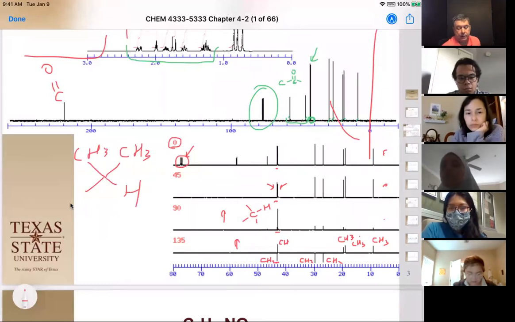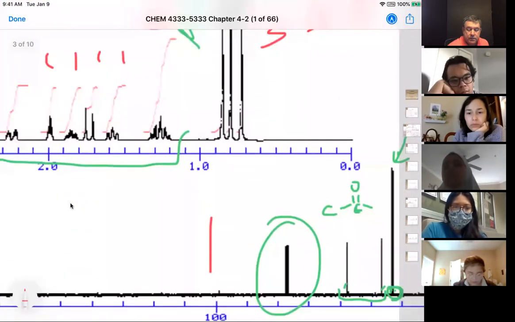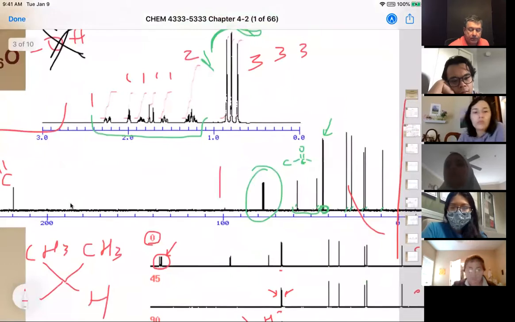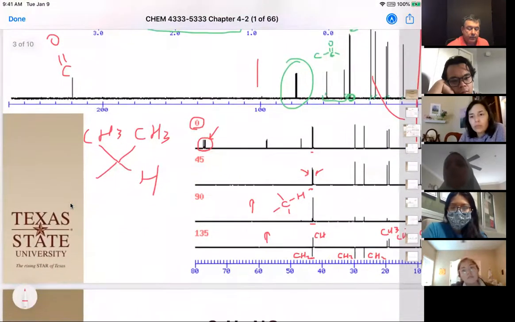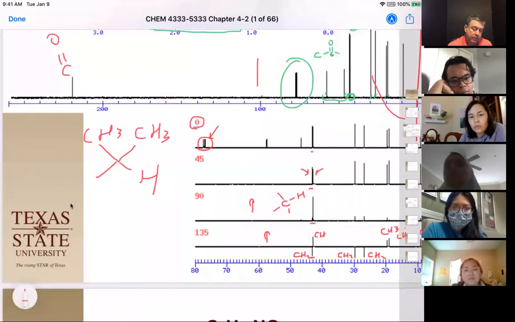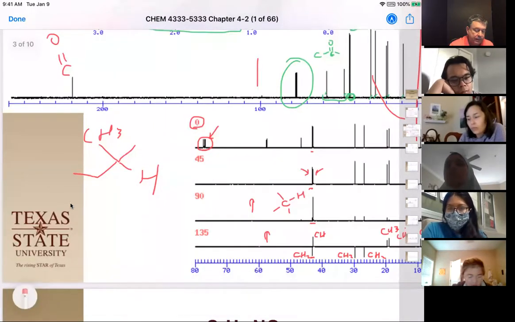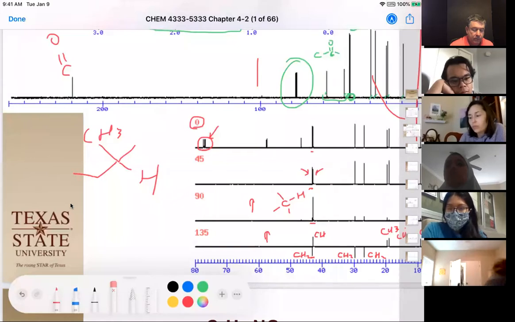Something like that. And if we had that, those CH3s would be split into, actually those would be the same CH3s, wouldn't they? So, but we have something with just, we definitely have some splitting here. So those CH3s have to be different though.